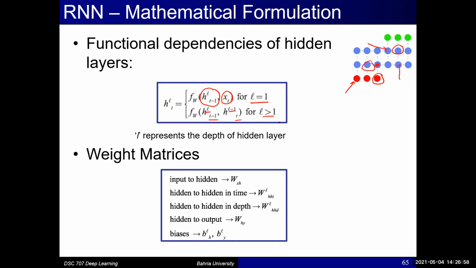Similarly, the weight matrices remain the same. Okay, you have one weight matrix which is this vertical arrow. This is from input to hidden. Then you have these horizontal arrows at each layer. So you have a weight matrix hidden to hidden in time, right? Because we are talking about the horizontal arrow, but you also have vertical arrows here.